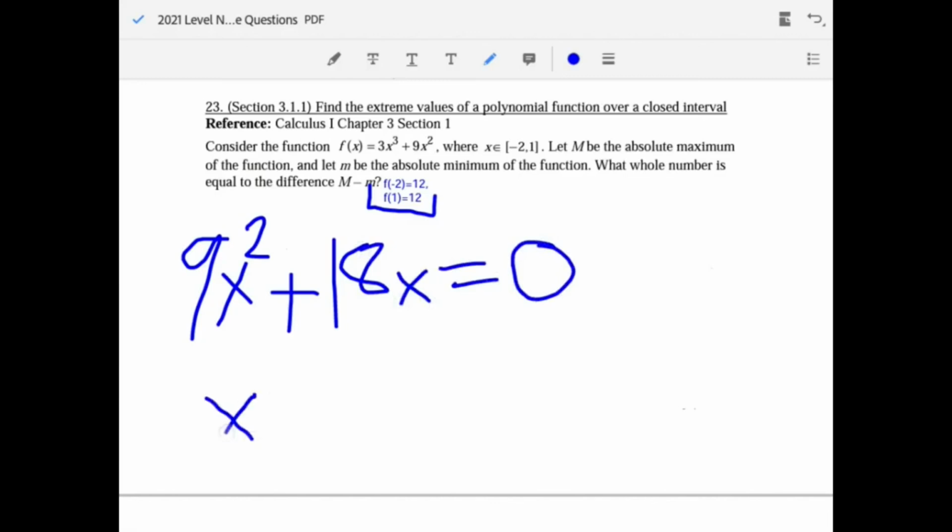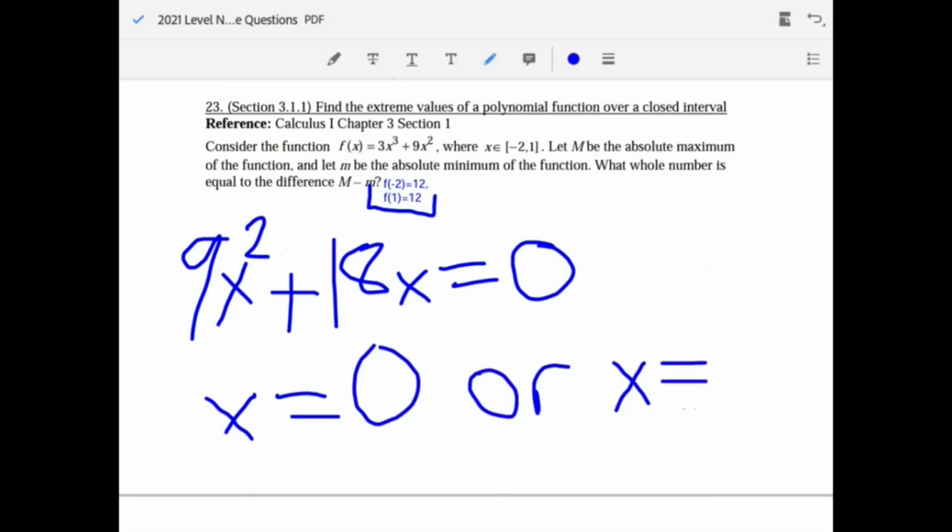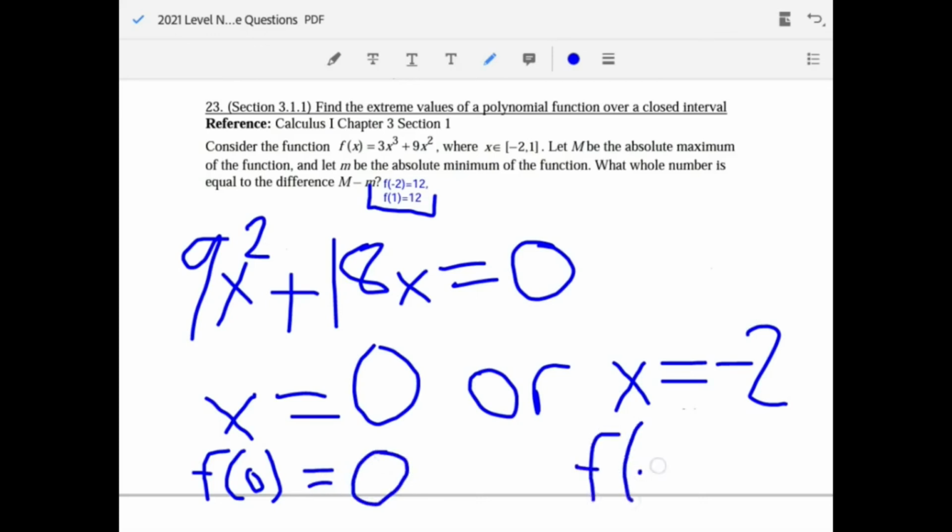So either x equals 0 or x equals minus 2. Now you just substitute it in. So f of 0 is equal to 0, and f of minus 2 is already given, so 12.